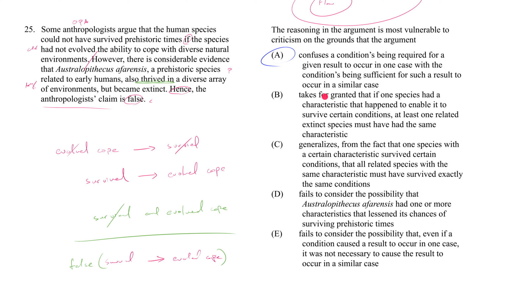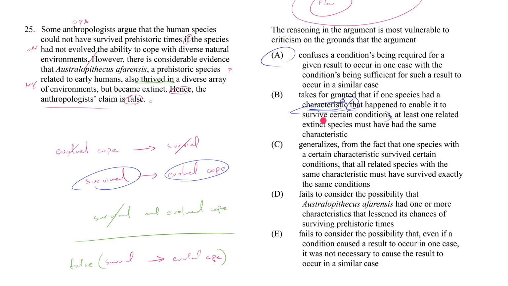B says, the argument takes for granted that if one species had a characteristic that happened to enable it to survive certain conditions, at least one related extinct species must have had the same characteristic. Okay? So first, you have to establish what the characteristic is that happened to enable it to survive certain conditions. What are you talking about? The only two candidates I see here are survival and the evolution of mechanisms to cope with diverse whatever, right?